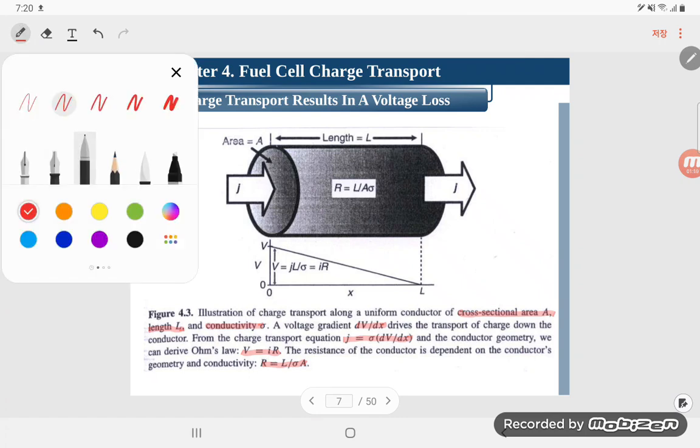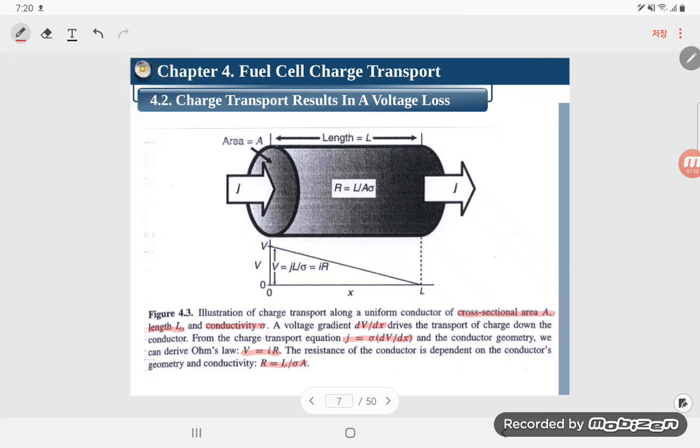So when you see the figure here, the current starts from here and goes through this direction, right? Because of the voltage, the potential is higher on this side than this side.